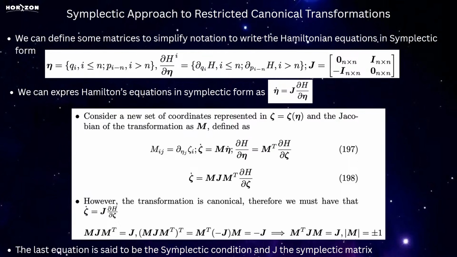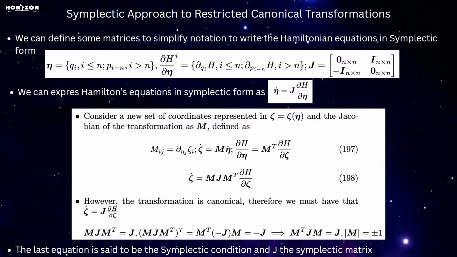Here J is a peculiar type of matrix. This J is called the symplectic matrix. It has information on how the geometry of the phase space behaves. You can say J has information on the geometry of the phase space itself, and the geometry of the phase space is in itself symplectic in nature.